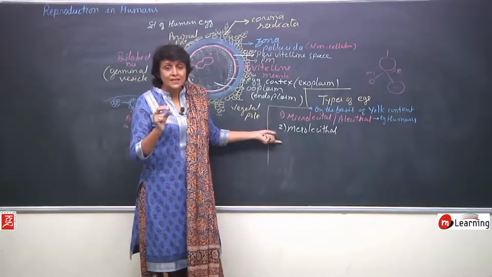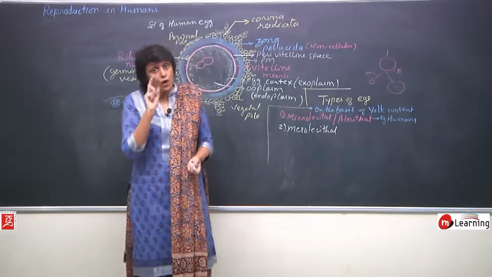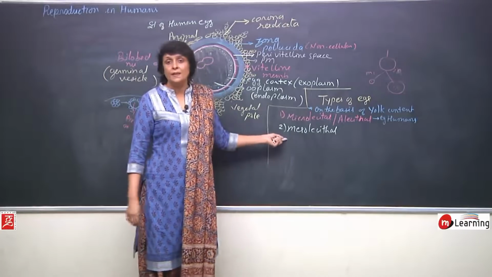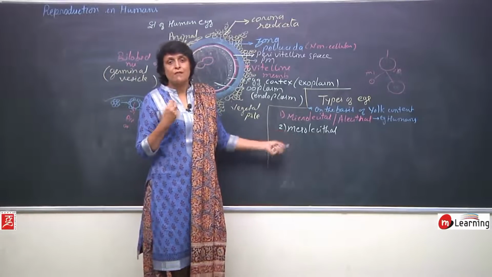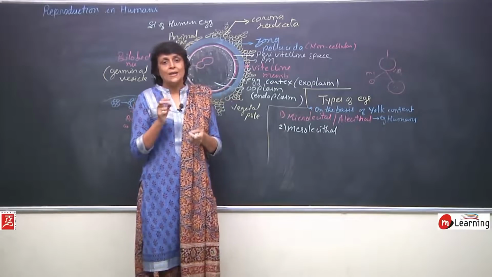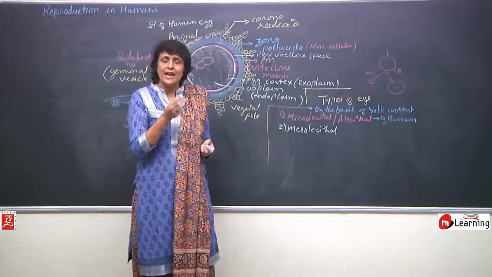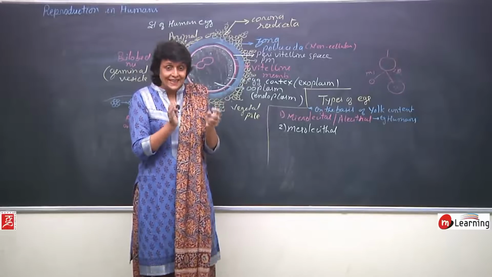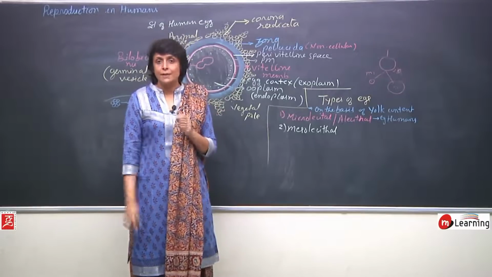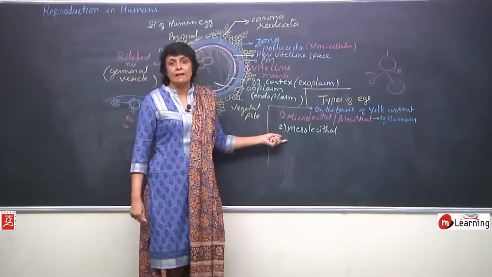Mesolecithal means the egg has less yolk, moderate yolk, not sufficient for the complete development. Do we know of some animals where the egg has insufficient quantity of yolk, so in the egg partial development takes place and an intermediate stage hatches from the egg.